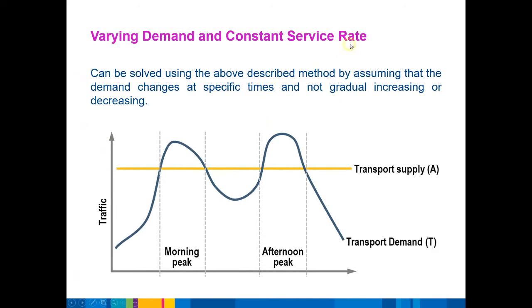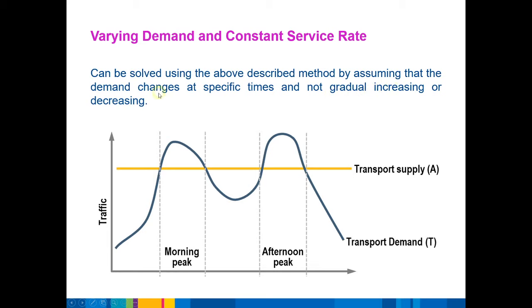So, varying demand, constant service rate. If we have a demand that looks like this, because we've got a morning peak and an afternoon peak, where the vertical axis is our total traffic and the horizontal axis is our time through the day, we can work it out using the calculation tools we've been previously talking about.